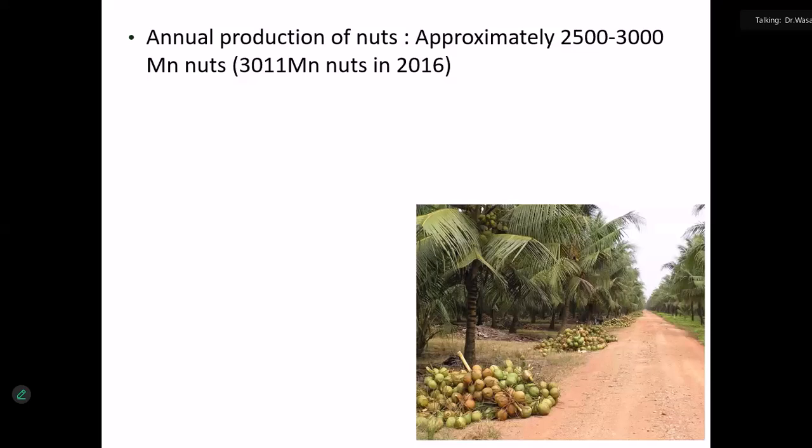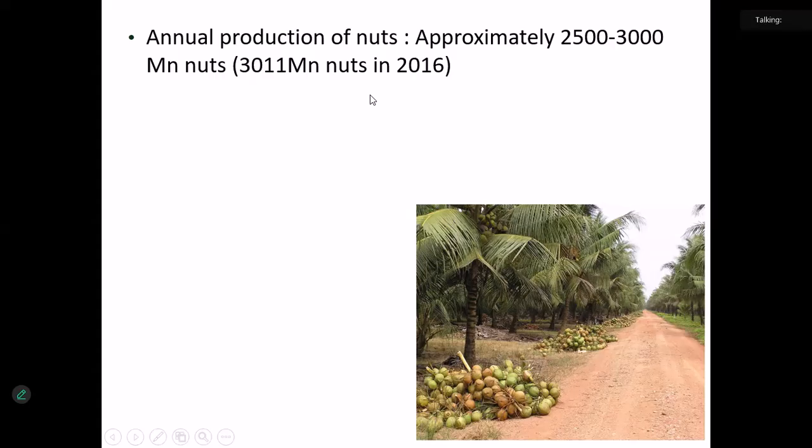Those who are doing the plantation management degree should know what our annual tea production, annual rubber production, and annual coconut production are. The annual production of nuts is approximately 2,500 to 3,000 million nuts.